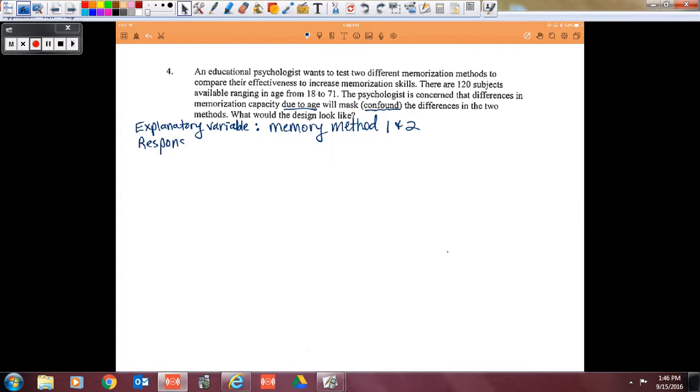What response are we measuring? Yeah. Now, people, let me tell you something. More often than not, the exact thing that is getting measured should be written up there word for word. So that's a skill you should learn, how to go back up there and sweep through that and find increasing, what you're going to be doing. Okay, so here, the response we're measuring is the increase in memory skills.